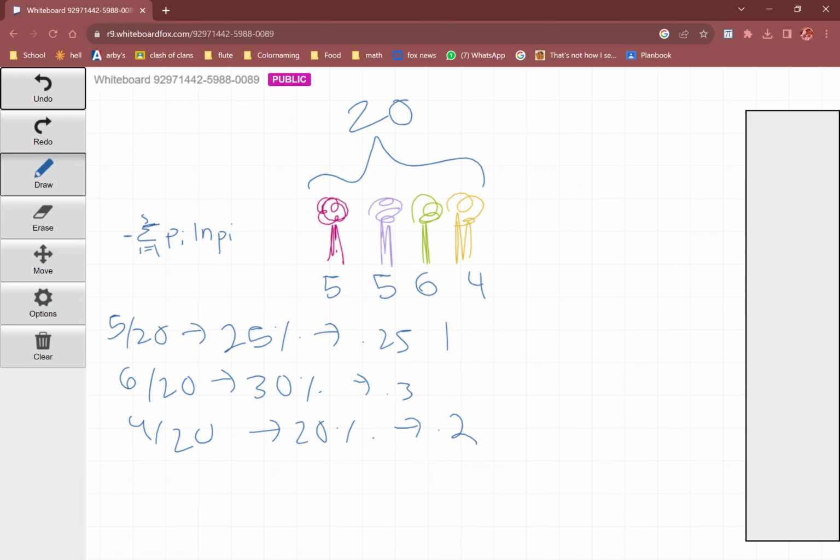So now from there I calculate my natural log of p of i. So I'm going to do natural log of 0.25, natural log of 0.3, and natural log of 0.2. Get a calculator for that.